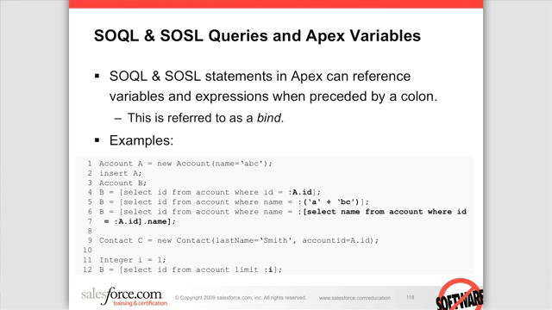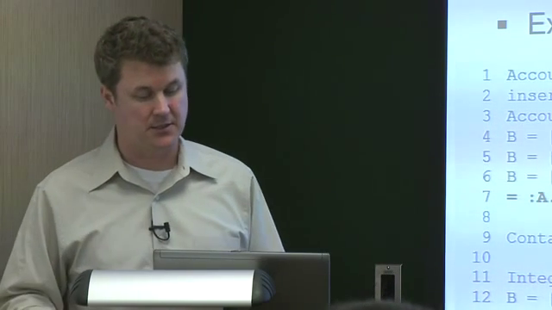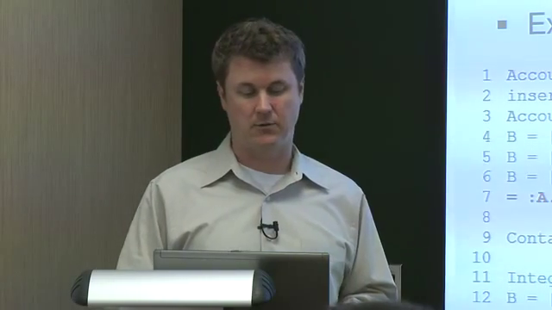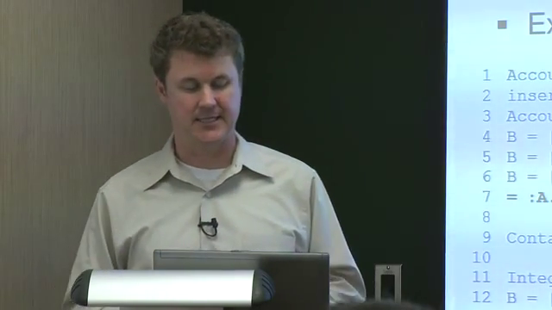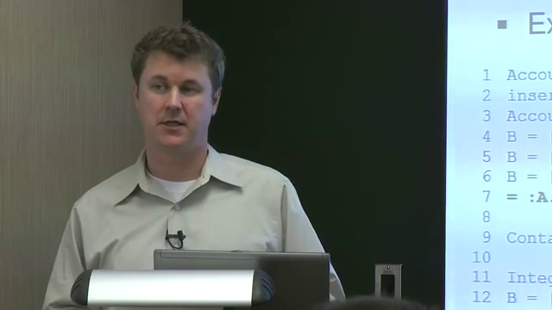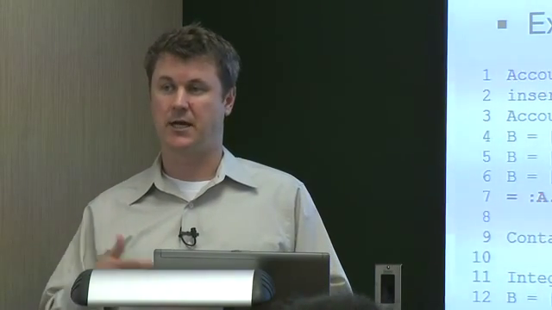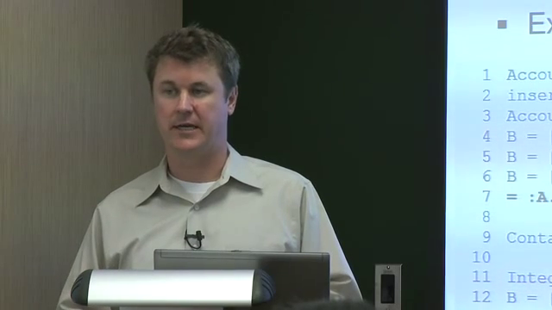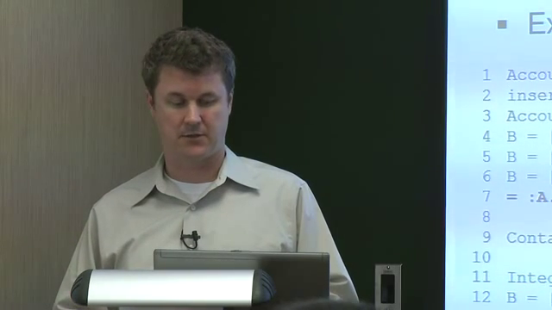So this is executing another SOQL query as a part of our criteria for our where clause. In this case, it does select name from account where ID equals a.id, and then using the dot notation, that would return a single sObject, and then using dot notation, we access the name value of that particular sObject.